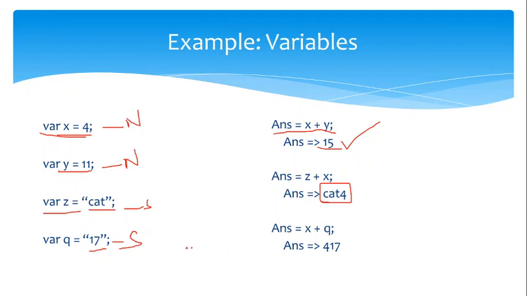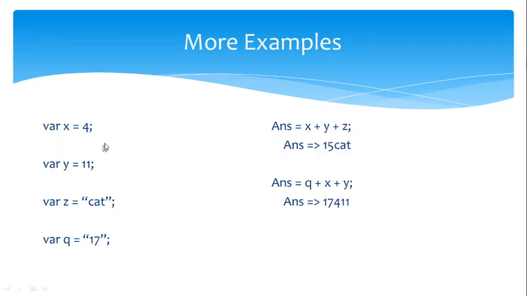In the same way, x plus q: x is 4, and 17 is written in double quotes, so it is considered a string only. So the result is 417, this is the example of the variable.